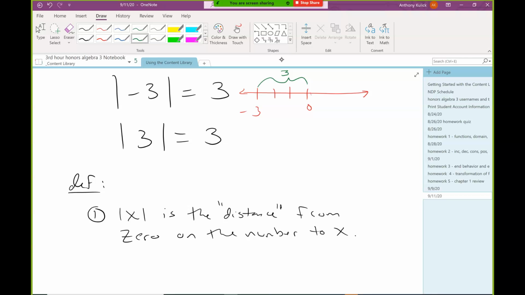Since it's a distance that we're talking about, that number is always positive. Everybody's okay with that idea? The other two definitions are algebraic definitions.